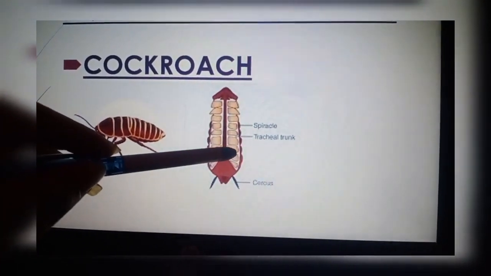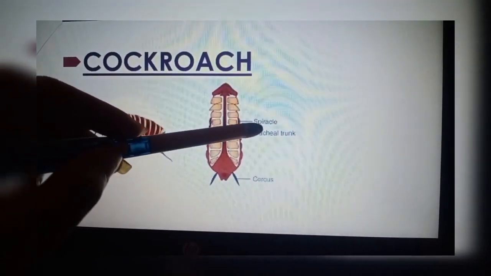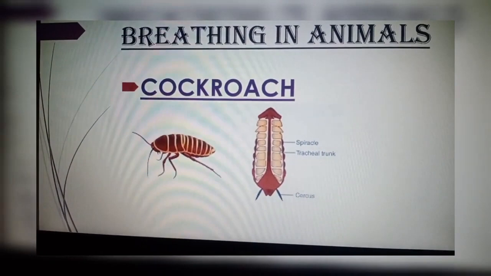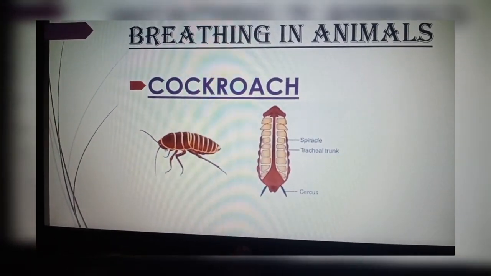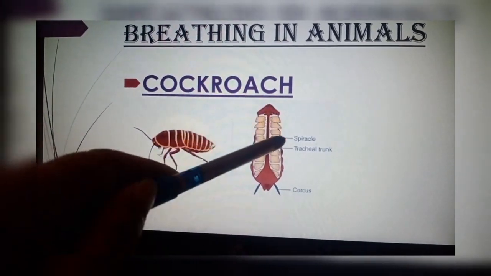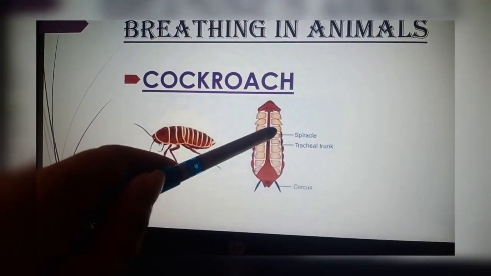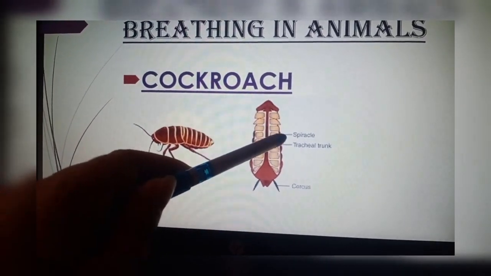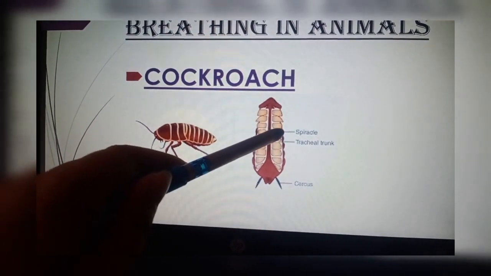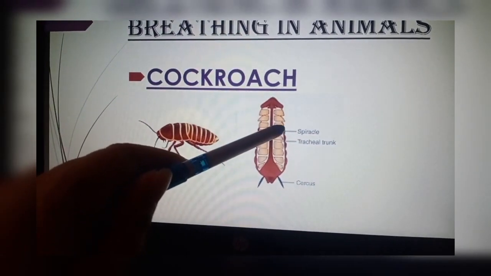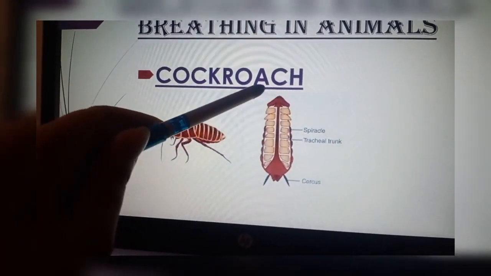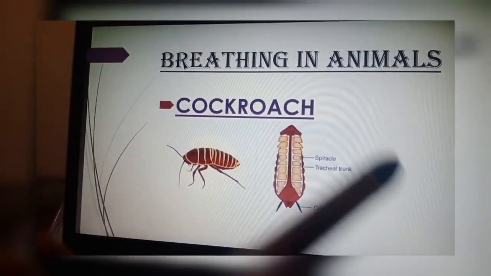Through these spiracles the oxygen enters into its body, and then the spiracles are connected to small tube-like structures. These tubes are called tracheal trunk or tracheas. Through these tracheas, the oxygen goes all around its body.